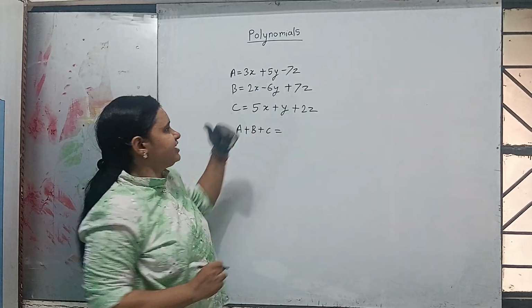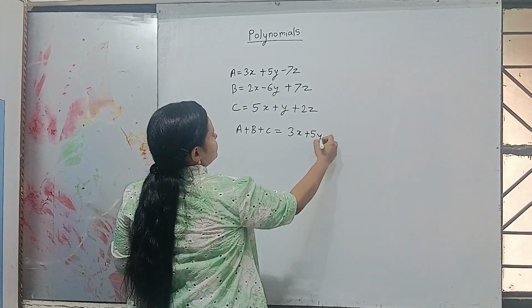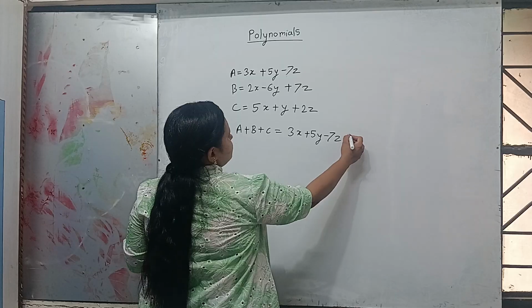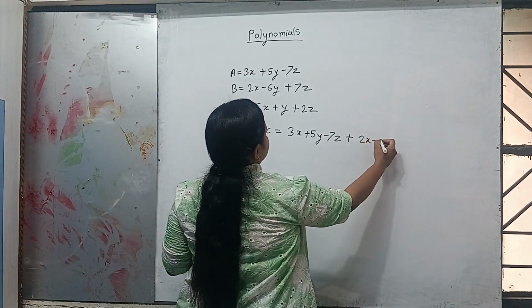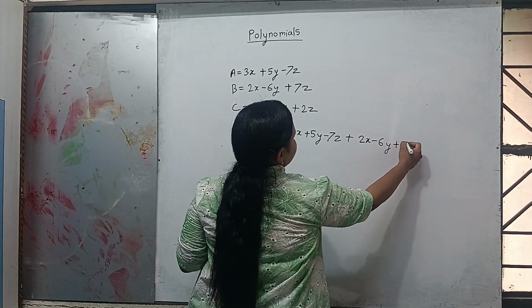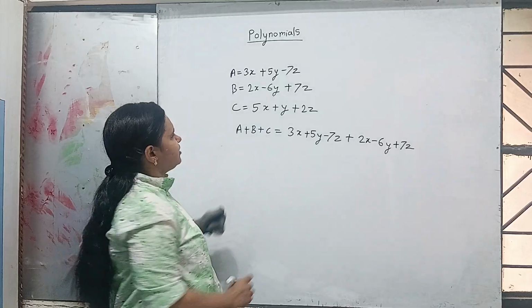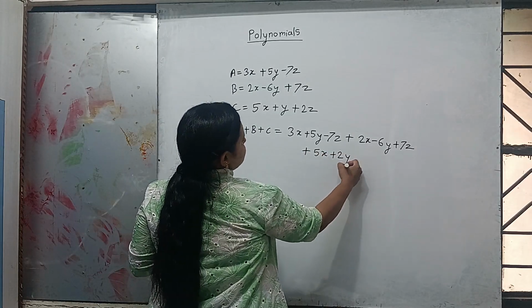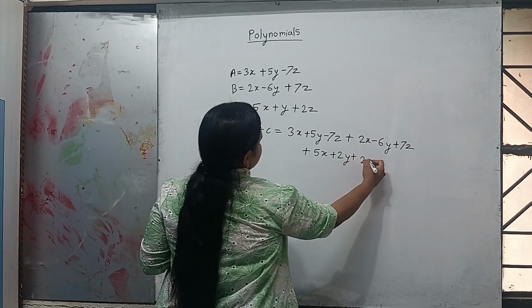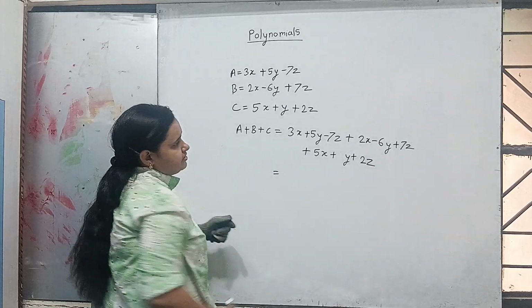What is A? 3x plus 5y minus 7z. Now B is 2x minus 6y plus 7z. What is C? 5x plus y plus 2z. So what we will get?